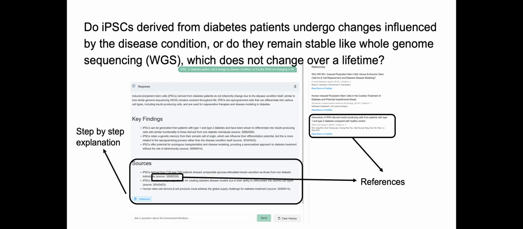For example, if a patient takes a drug, will the iPSCs derived before and after the drug be the same or different? At that time, we didn't know the answer. Since we have the GLKB, we just asked its LLM agent: will iPSCs in a diabetic patient change by disease condition, or do they not change, like WGS? And our GLKB's LLM agent told us they will not change, giving a lot of explanation and references to the real articles.